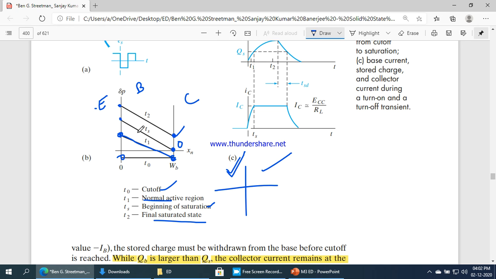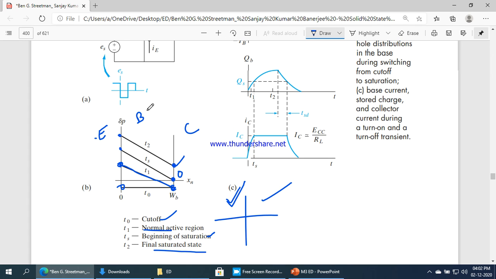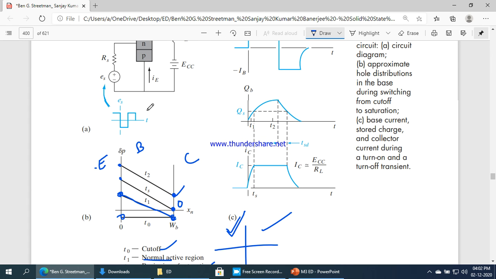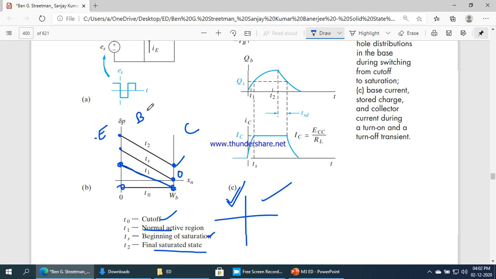So the four states mentioned here are the approximate hole distribution in the base. The first one is reverse bias: when both are reverse biased, we have minus Pn potential here and minus Pn here. When the emitter base junction is forward biased and the collector base junction is reverse biased, we call it the active region. When the emitter base junction is forward biased and the collector base junction is at zero potential, that is the beginning of the saturation.